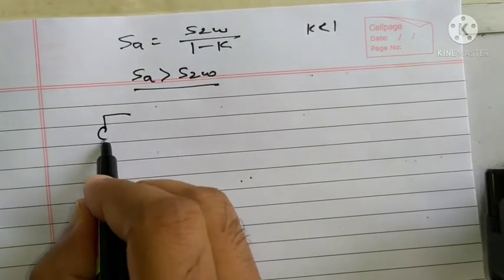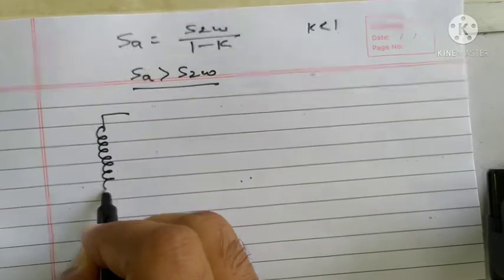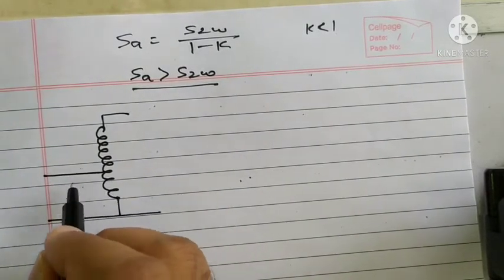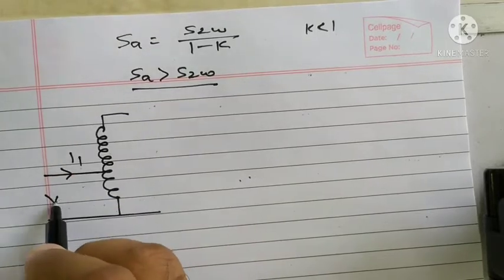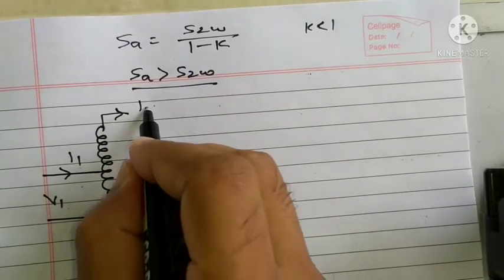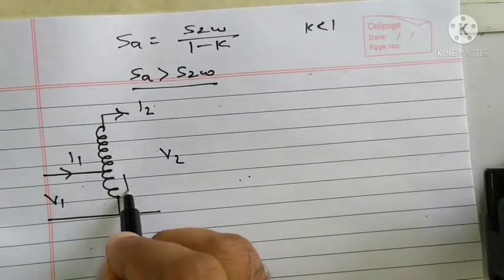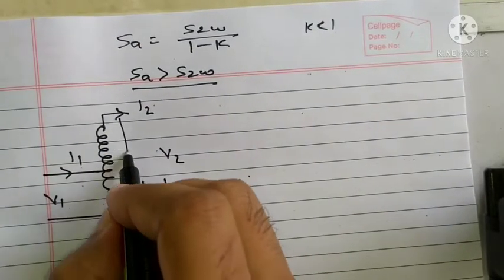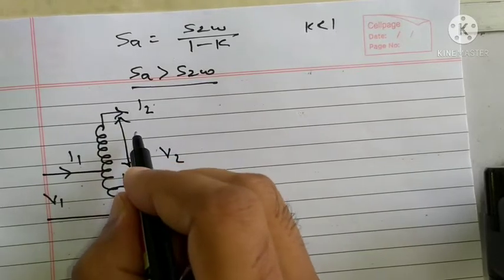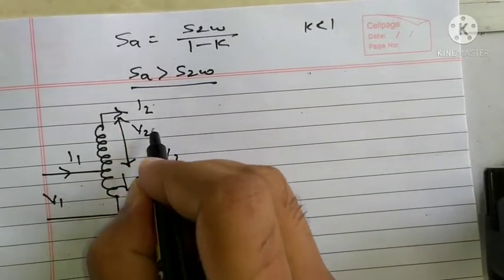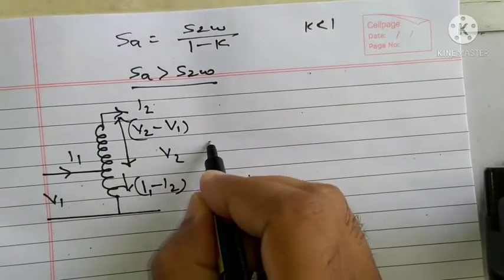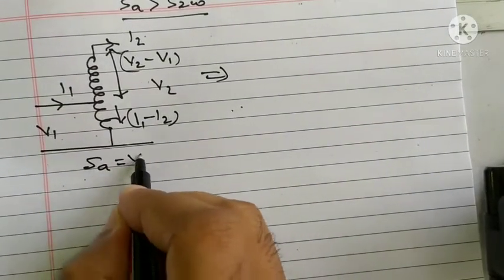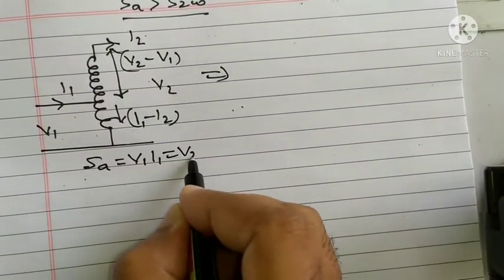So step up autotransformer, so this one, current is I1, voltage is V1. Here current is I2, voltage is V2. In this portion, what is current? I1 minus I2. And voltage across this section will be V2 minus V1. And kVA rating is the same, S auto equal to V1 I1 equal to V2 I2.